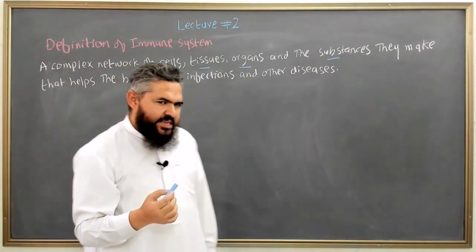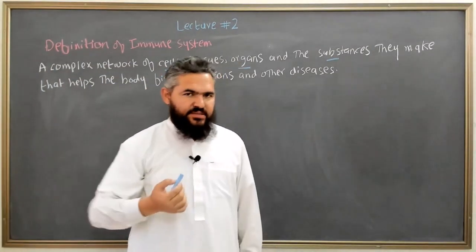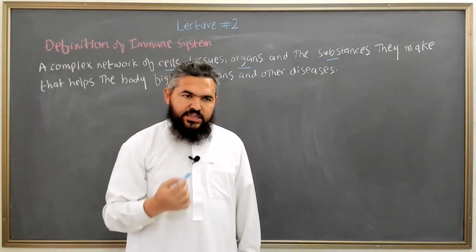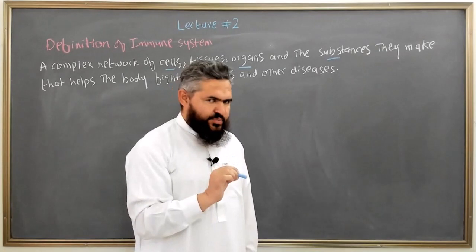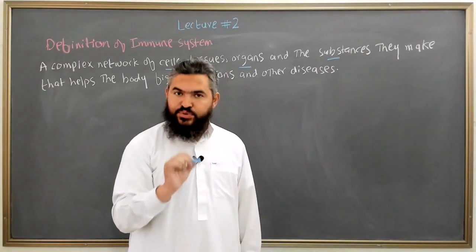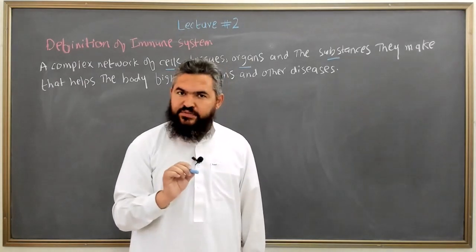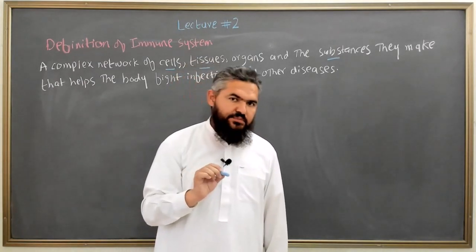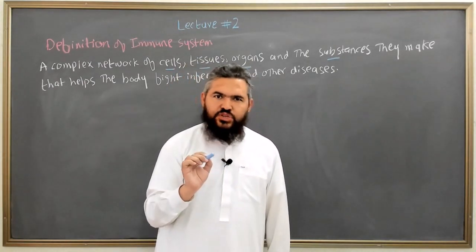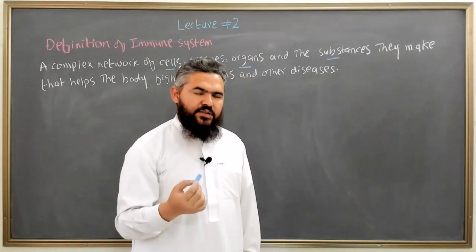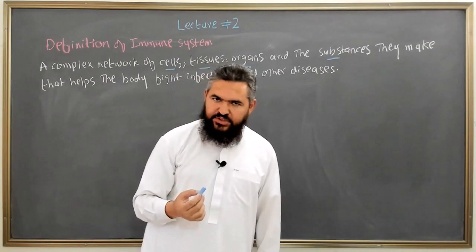Now the question is why we need such a complex system to protect our bodies from infections. If you talk about the types of pathogens that exist out there, we do need a very complex kind of immune system. I'll give you only two examples that will give you an overview of why we need such a complex system.